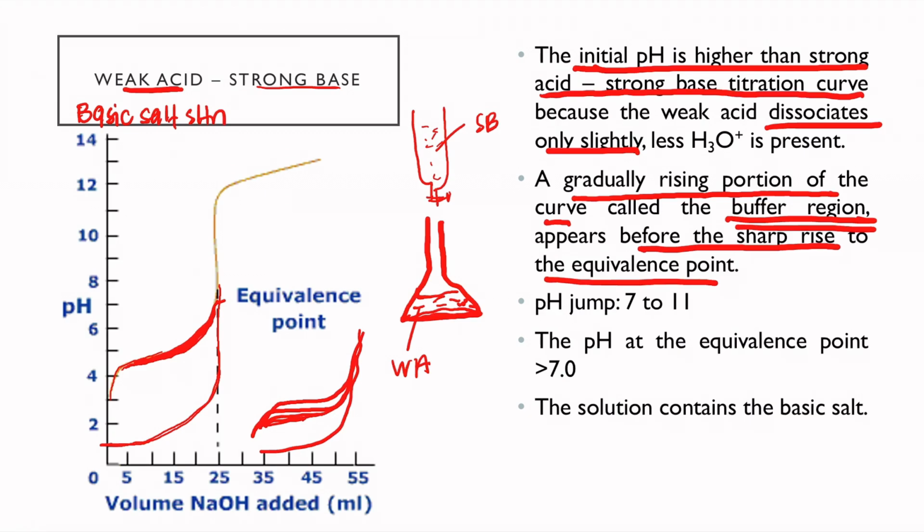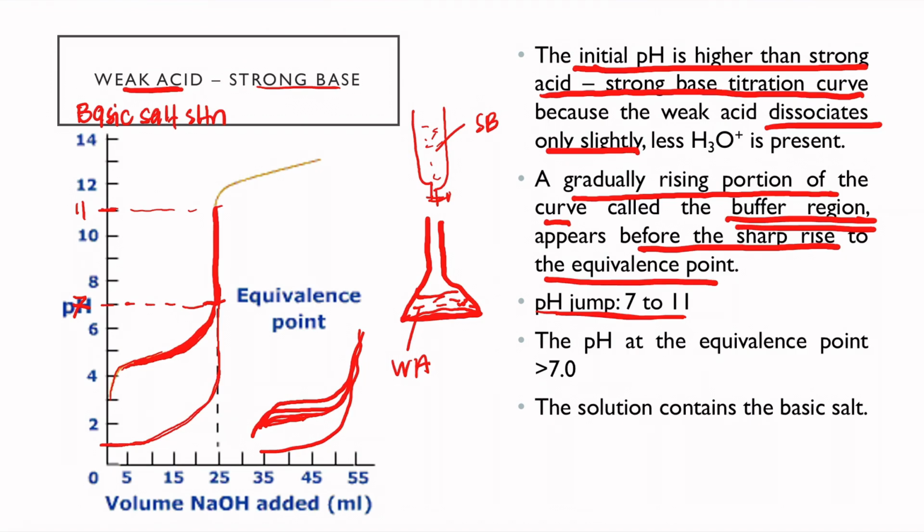Because of that, your pH jump will be from 7 to 11. So ini 11, 7 kat sini. That means your steep portion is right here. This is your steep portion.